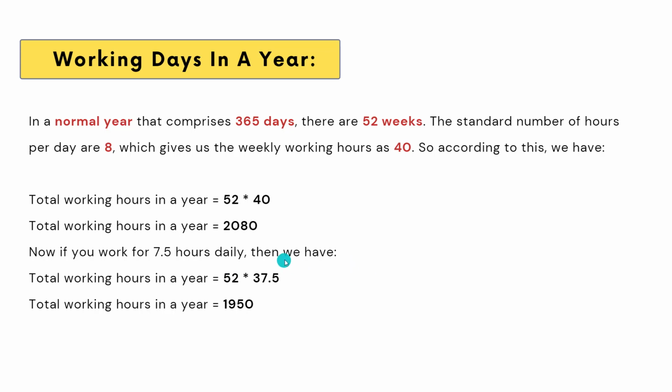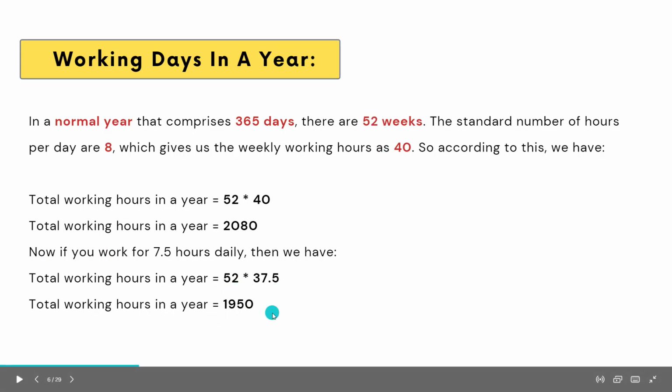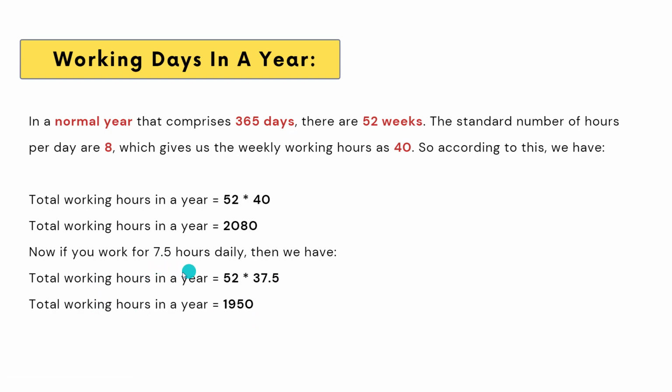For that, we'll first calculate 5 into 7.5, which gives 37.5, and 52 into 37.5 is 1950. This is for people who work 7.5 hours a day, and the other is for people who work 8 hours a day. I think you understood. So we just calculated the total working hours here.